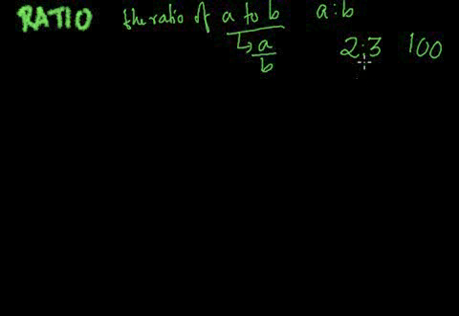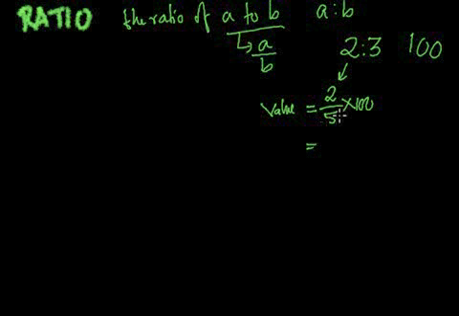Now we don't know what the portions are, but we can say 2 portions means 2 portions out of 5. So if you want to find out the value of this portion, it means 2 by 5 out of 100.